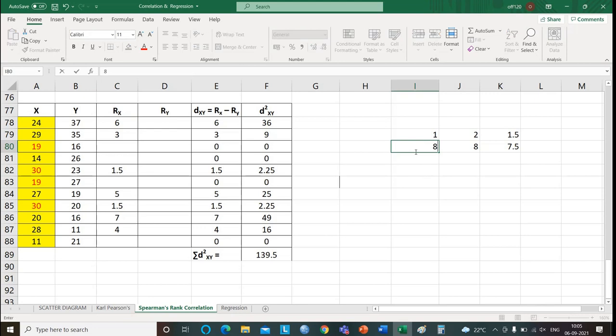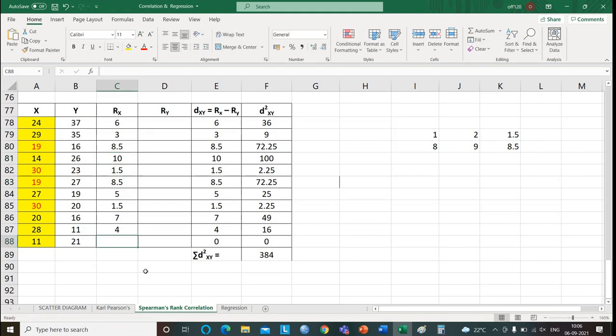So there is a tie between 8th and 9th, that is, we get 8.5 and 8.5. So actually 8 and 9 are finished. Then next, 14 is given as 10. Then the last value is given 11th rank since it is the least value.